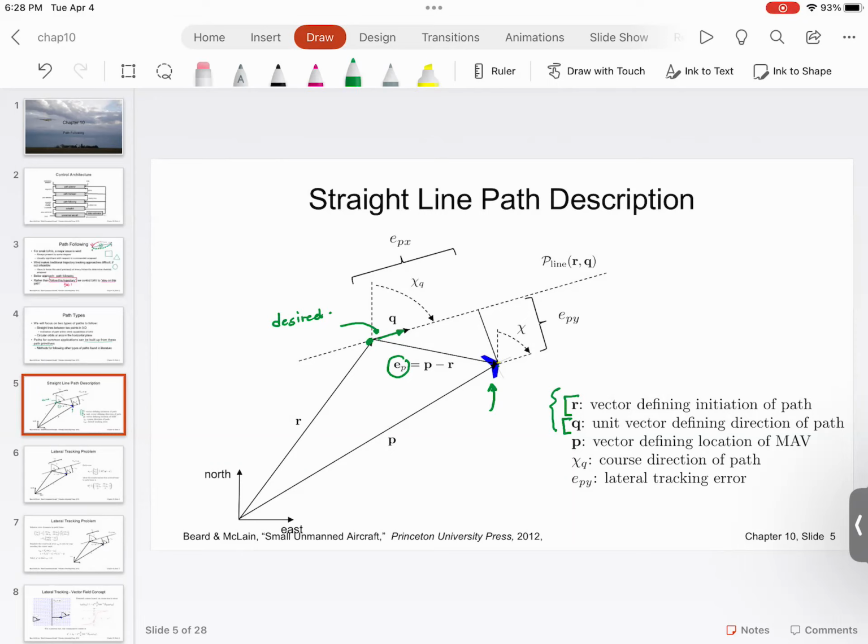Now, how do I minimize this error? To minimize this error, I need to control the heading, or the course if there is some wind loading.